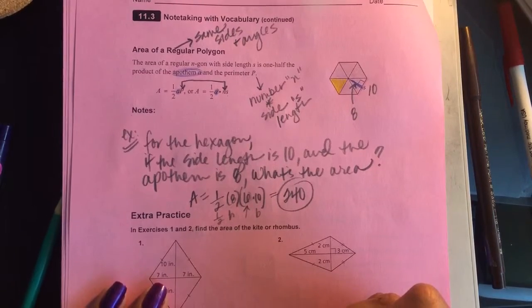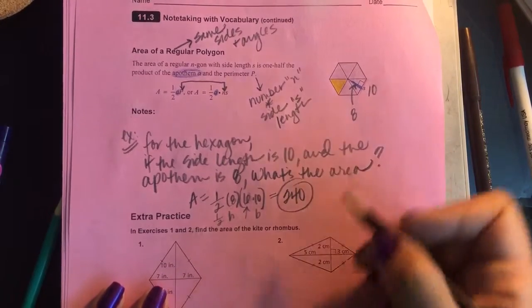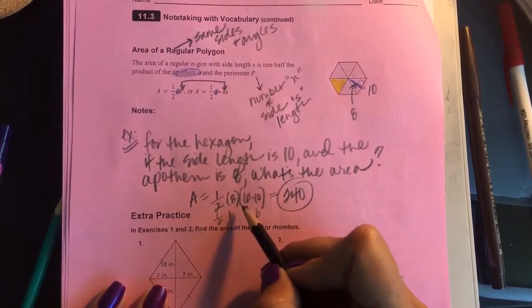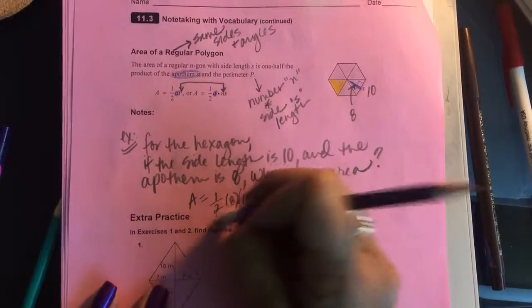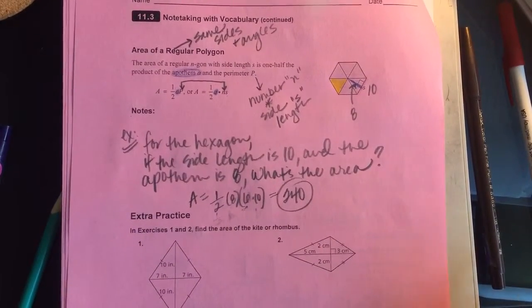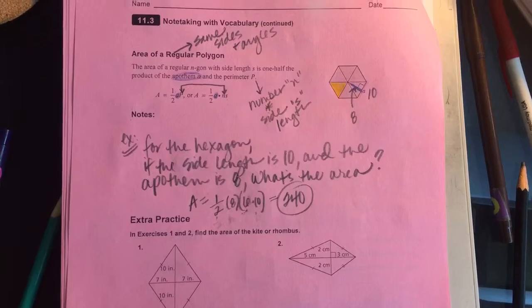Does that make sense-ish? One of these triangles would be 1/2 times 8 times 10, but there's 6 of them. So that perimeter piece gets into talking about how many triangles there are based on the number of sides. I'm going to stop the video here before we go into extra practice.